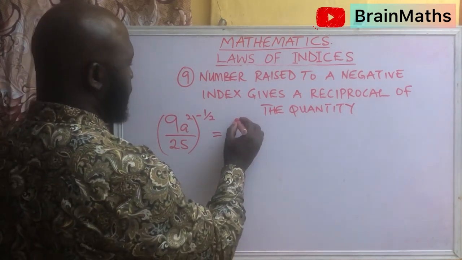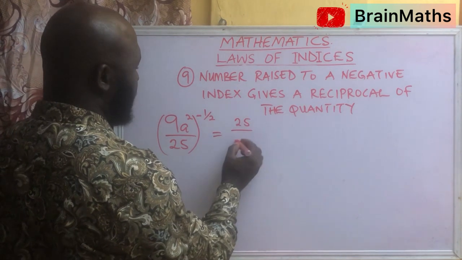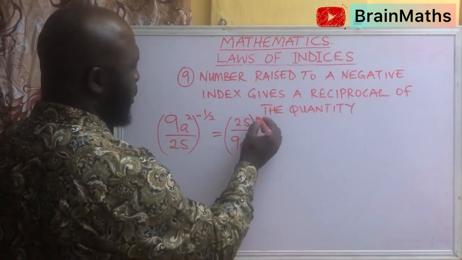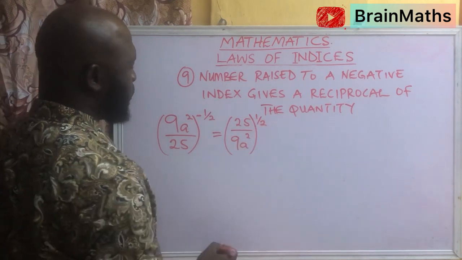So it is going to give us 25 over 9a squared raised to power 1 over 2.